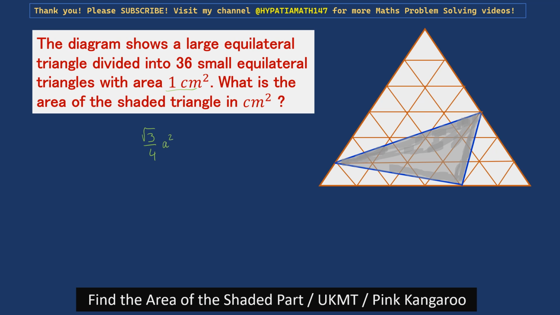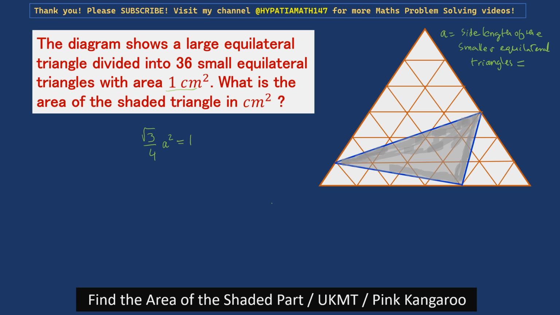If a is the side, so if I say a equals the side length of the smaller equilateral triangles, then I'll work it out.